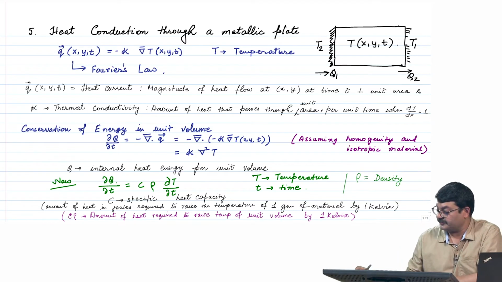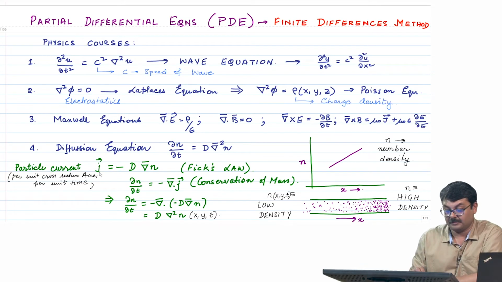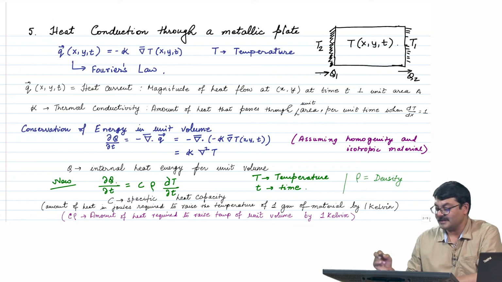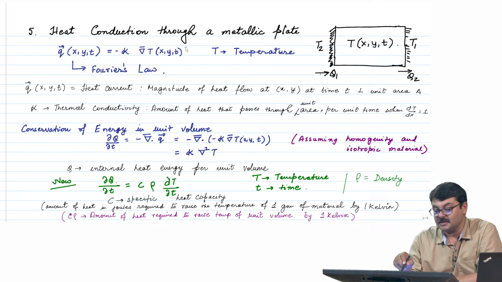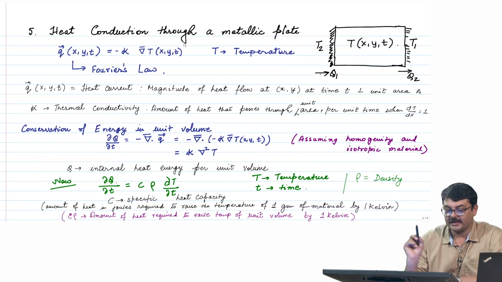So, what you did in Fick's law was that the particle current was proportional to the gradient of the number density. Here in this case the heat current is proportional to the gradient of temperature, right.